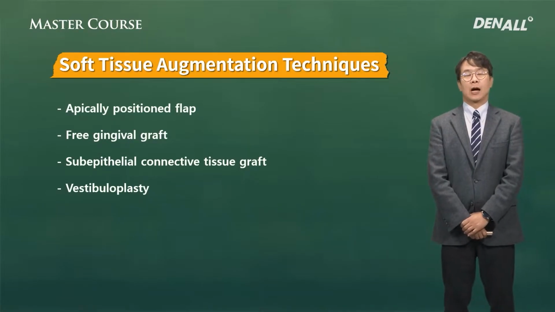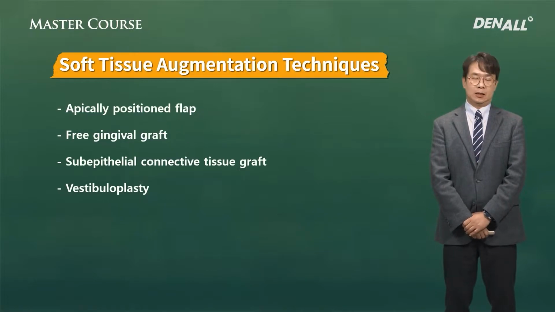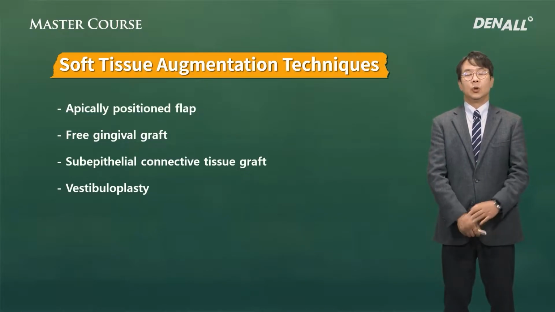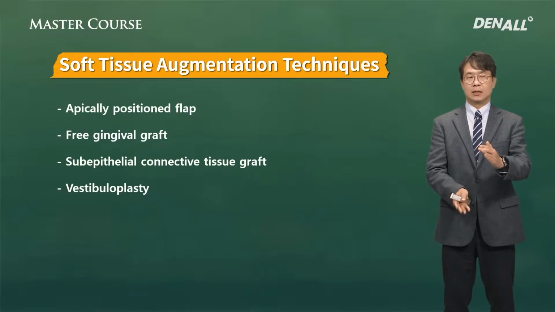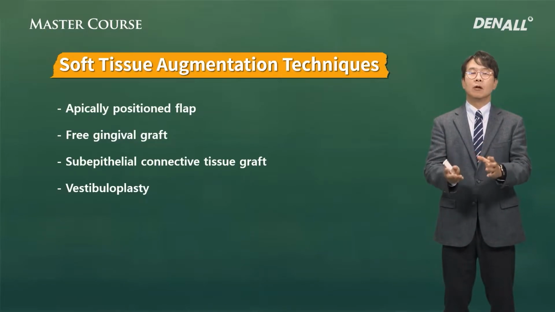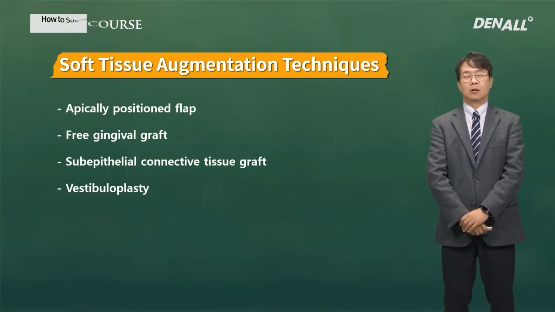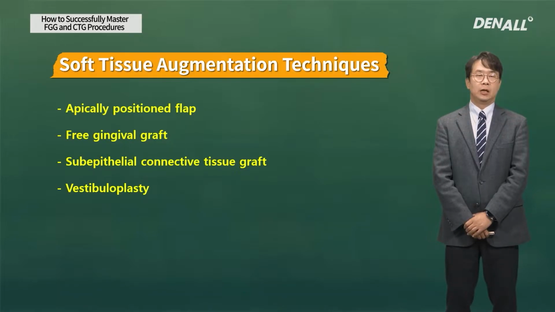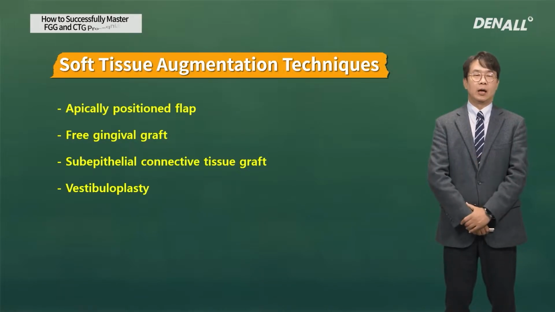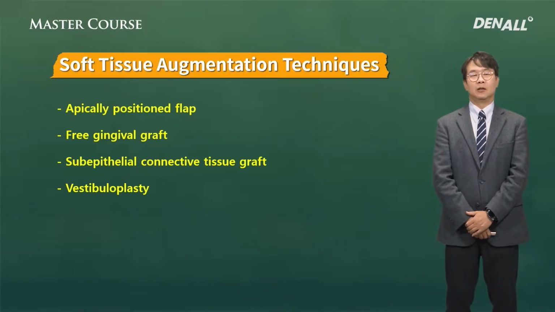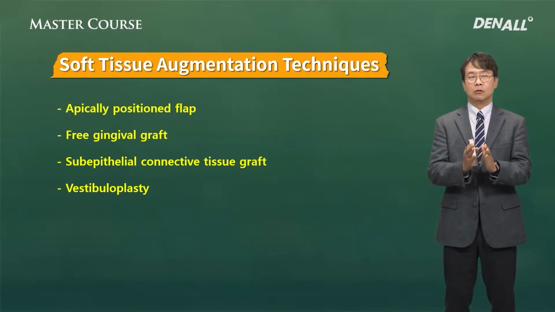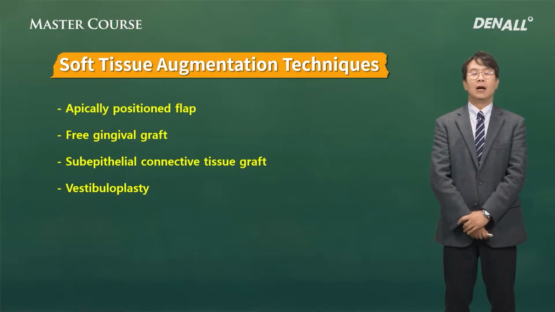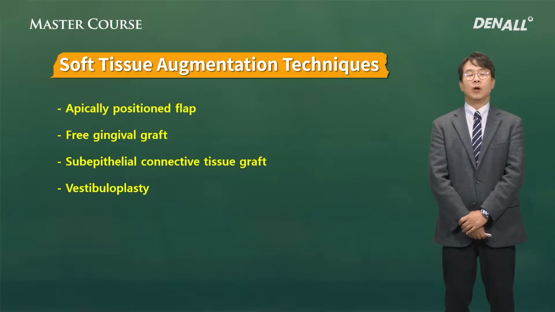The common part is to increase the keratinized tissue amount, whether you use the existing keratinized tissue or increase the keratinized tissue using grafting. The procedures would be different, and in applying the procedures we need to have criteria. The criteria and where they can be applied can be explained.